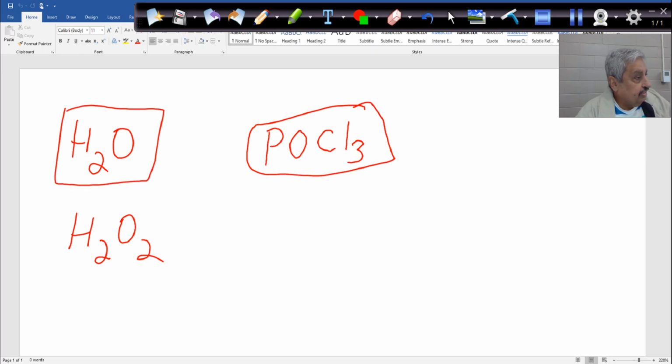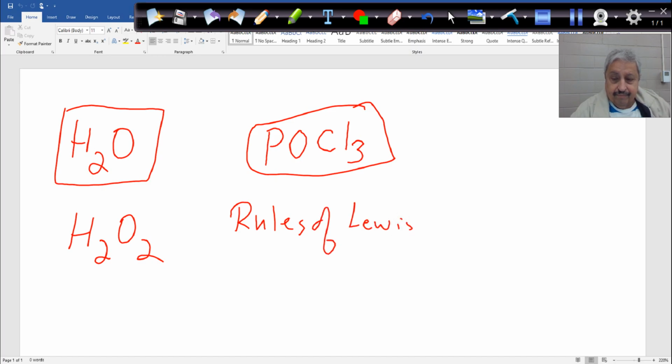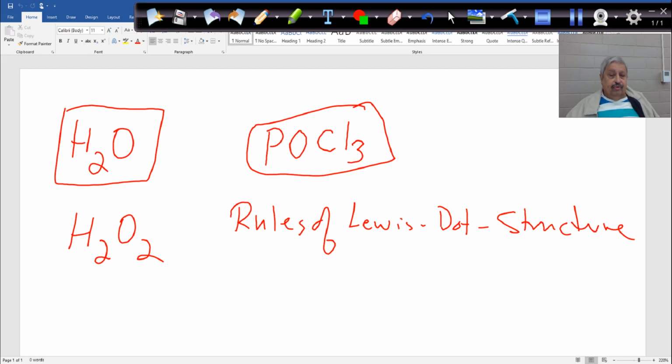The Lewis dot structure has rules, and one of the rules is... let's write the rules here. Rules of Lewis dot structure. Okay, so first of all, you start with the element that's least electronegative in general. We'll talk about electronegativity there.